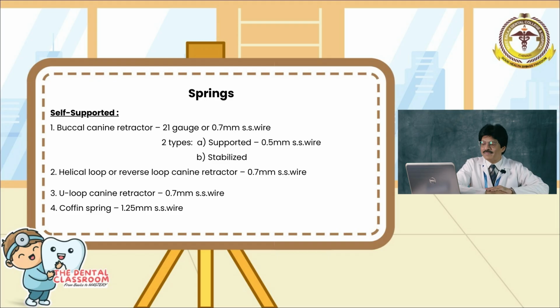Then we also have the helical loop or the reverse loop canine retractor, which is made up of 0.7 millimeter stainless steel wire. We have the U-loop canine retractor, which is made up of 0.7 millimeter stainless steel wire, and we have the coffin spring, which is made up of 1.25 millimeter stainless steel wire.